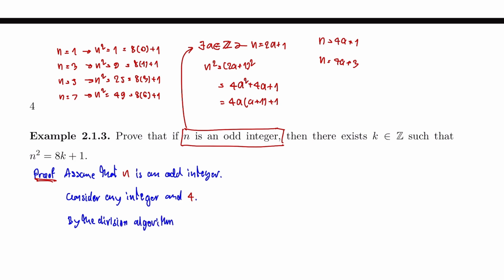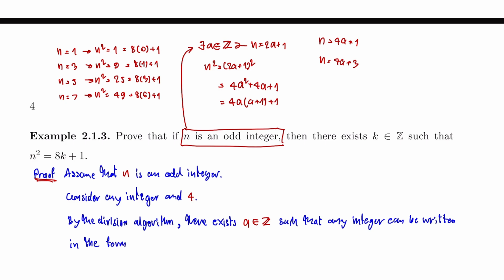So by the division algorithm, what do we have? There exists an integer q such that any integer can be written in this form: 4q, 4q plus 1, 4q plus 2, and 4q plus 3.